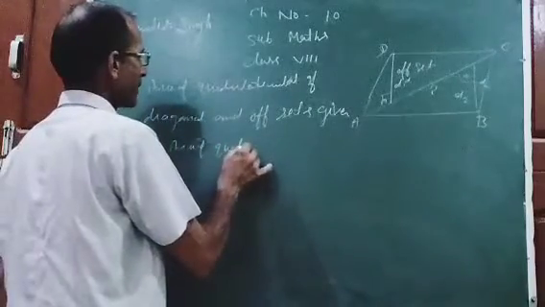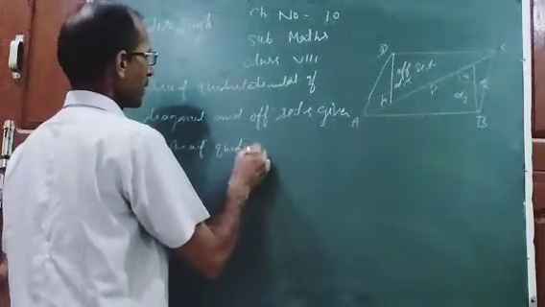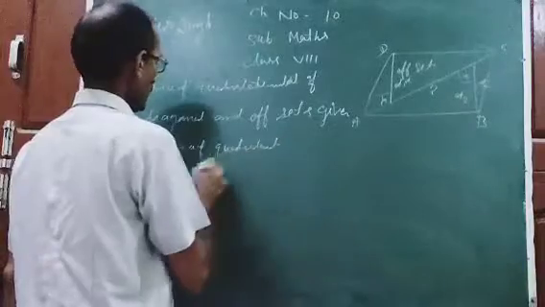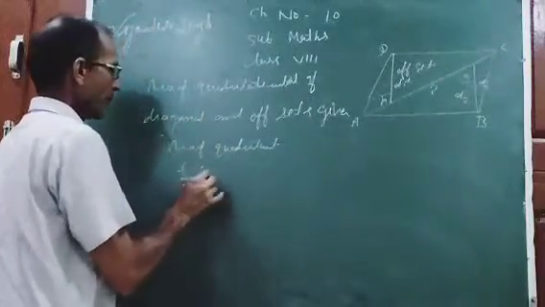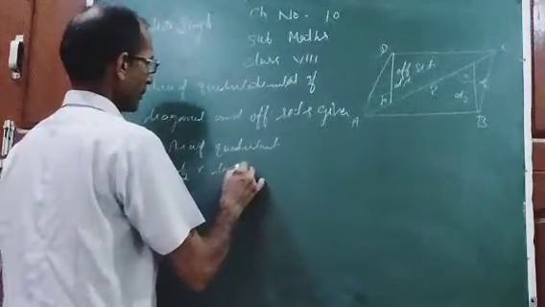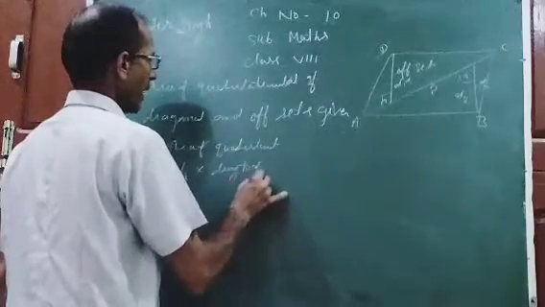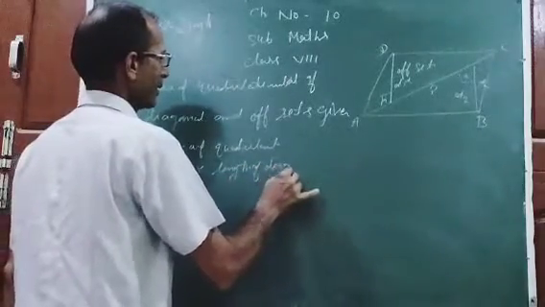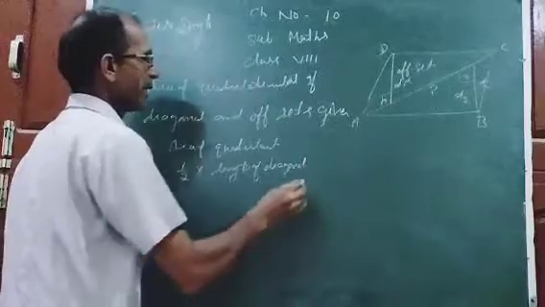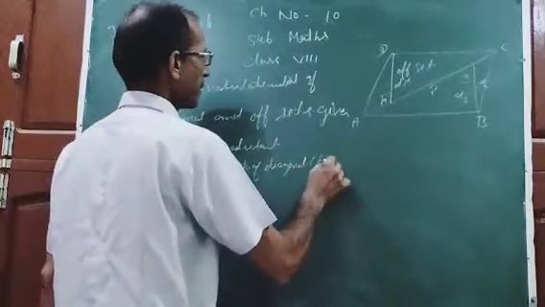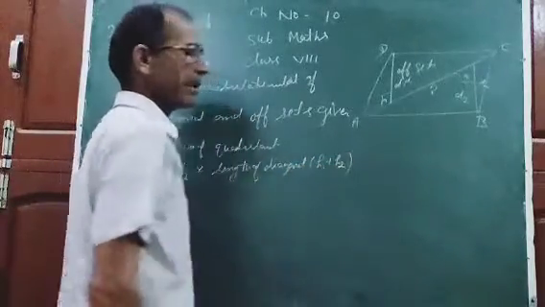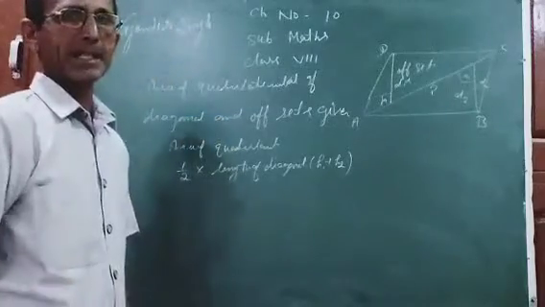Question number 9 I am solving. Area of quadrilateral is 1 by 2 multiplied by the length of the diagonal into h1 plus h2. It means the sum of the offsets.